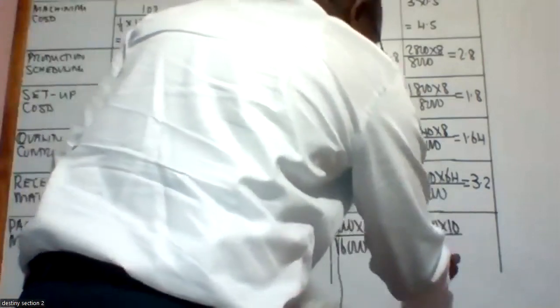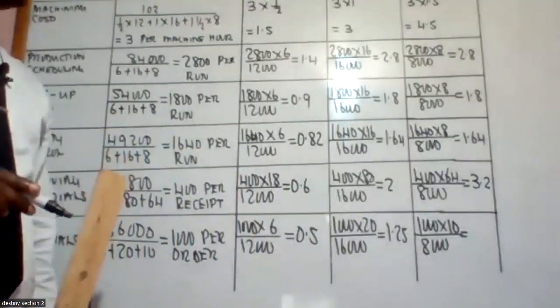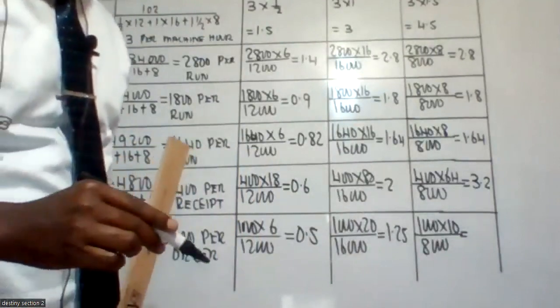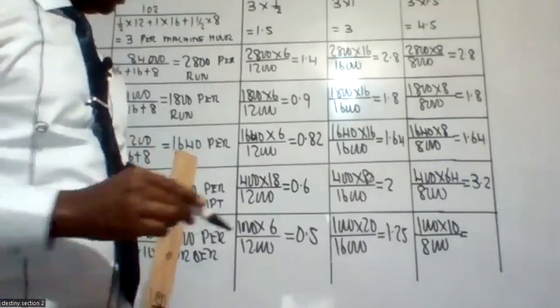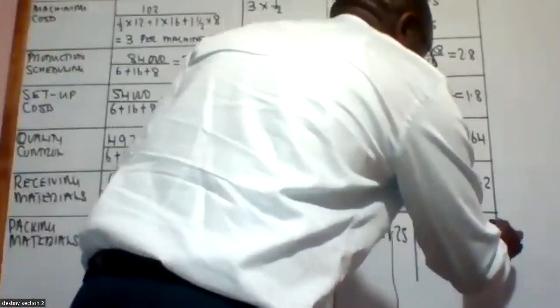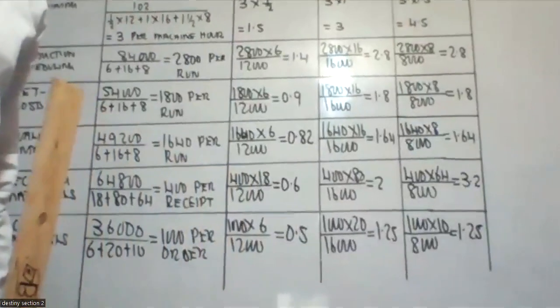You divide by 8,000. Is it also 1.25? Okay, 1.25.